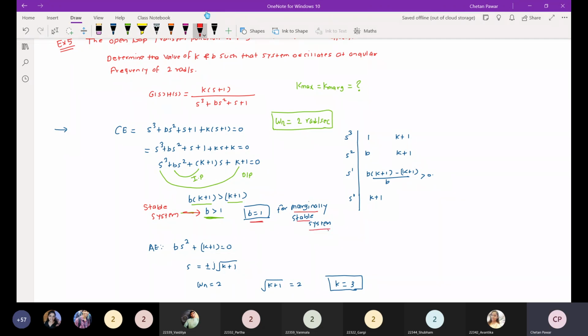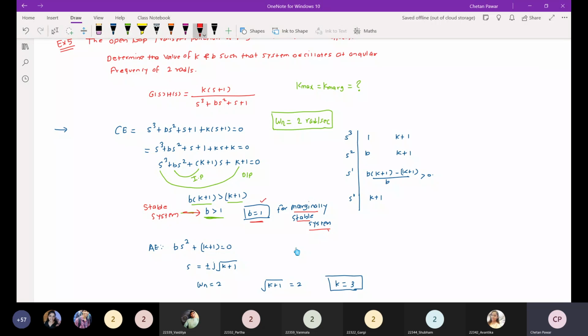But one thing you should remember: you can apply this technique in competitive exams only. For a subjective paper, you need to solve this by using a Routh table. So b is equal to 1. So we found the value of b.